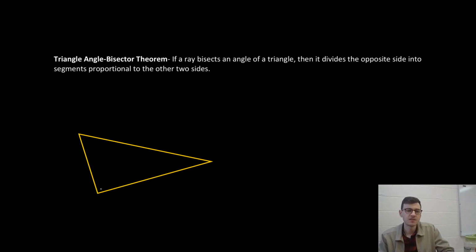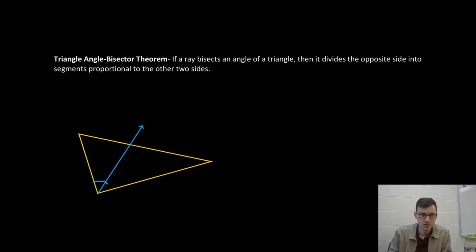If a ray bisects the angle of a triangle, so something like this. That looks like it bisects it. It divides the opposite side into segments proportional to the other two sides.